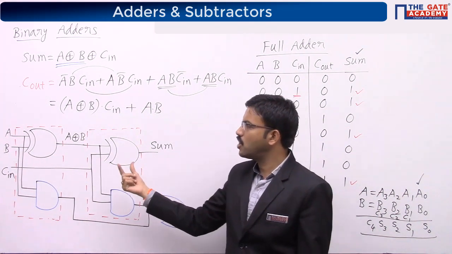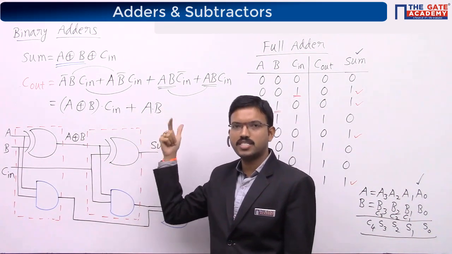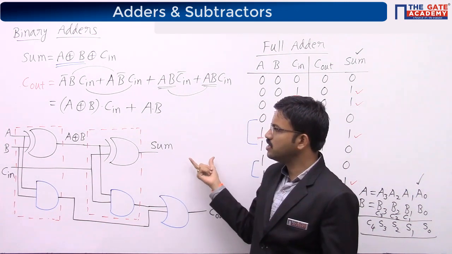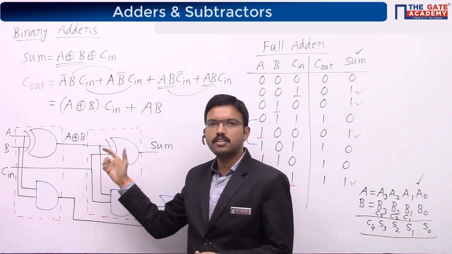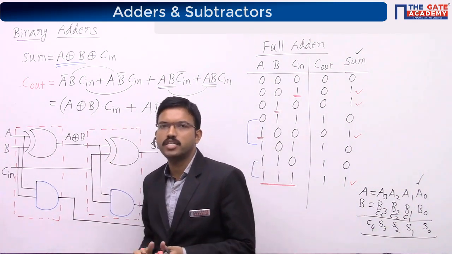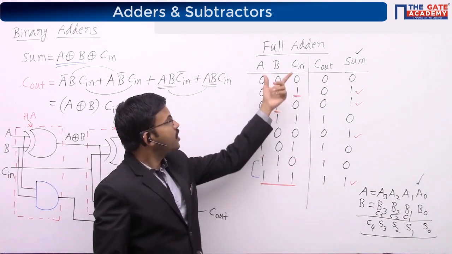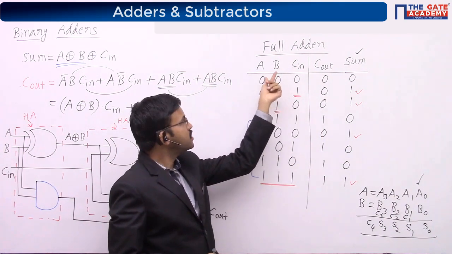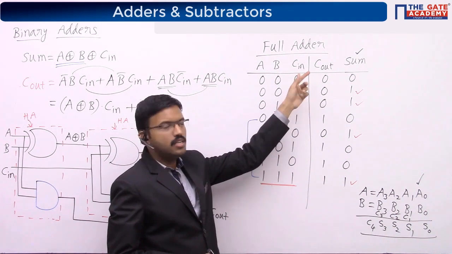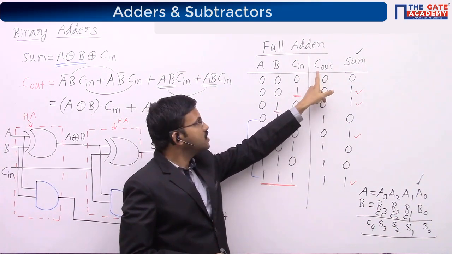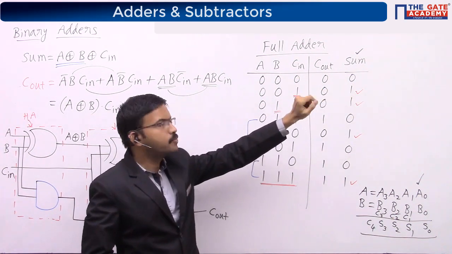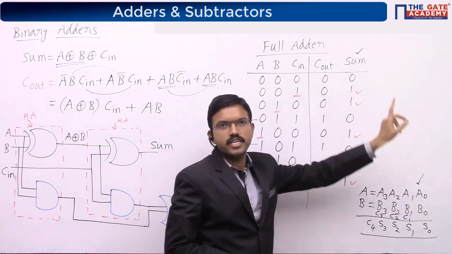Hence we are calling this adder a full adder and the previous adder a half adder. For implementing this one, we require 2 half adders. Write down. A full adder performs the addition of 3 single bits A, B and Cin and produces 2 outputs, Cout and sum.